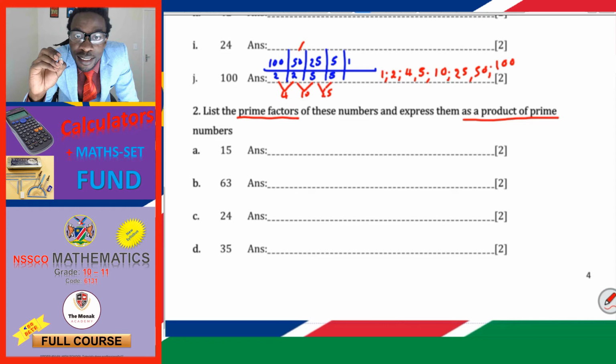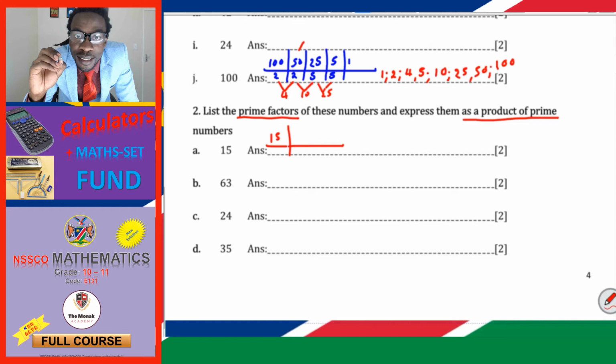So let's start with 15. Whenever you are dealing with prime numbers and expressing as a product, this is how we do it, just like we did with factors. We start with 15 here.